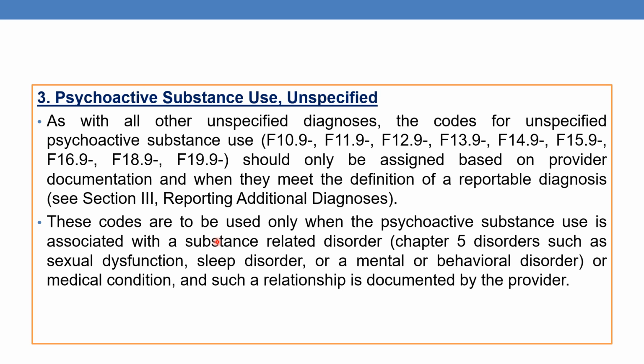And these codes are to be used only when psychoactive substance use is associated with a substance related disorder, for example, sexual dysfunction, sleep disorder, or mental or behavioral disorder, or if it is associated with a medical condition and such a relationship is documented by the provider.